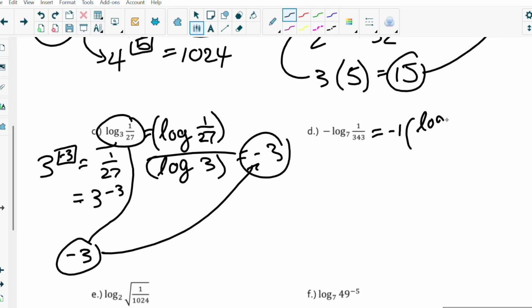Okay, this one, negative 1 times common log of 1 over 243 divided by the common log of 7.